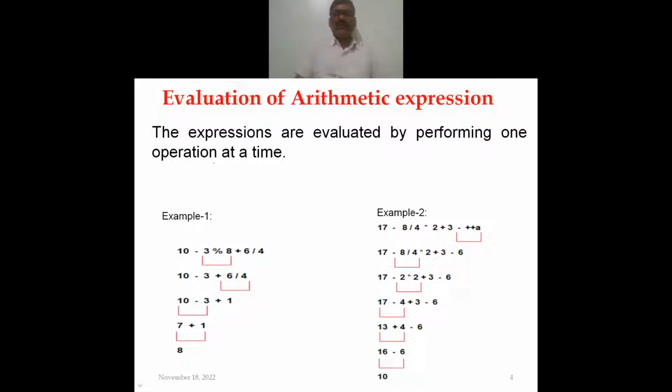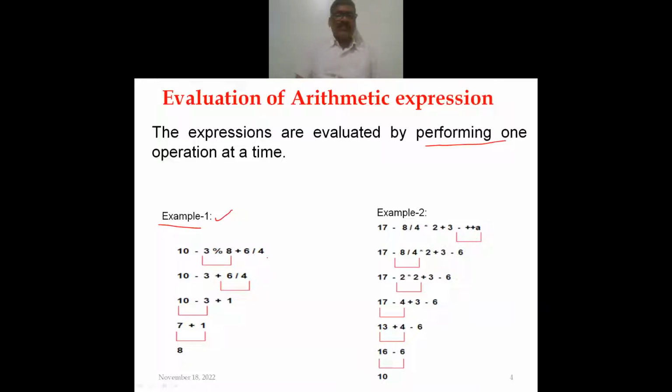The expressions are evaluated by performing one operation at a time. If you do not consider parenthesized expressions and consider a normal expression, how will it be evaluated? For example, take example 1, where the given arithmetic expression is 10 minus 3 % 8 plus 6 / 4.